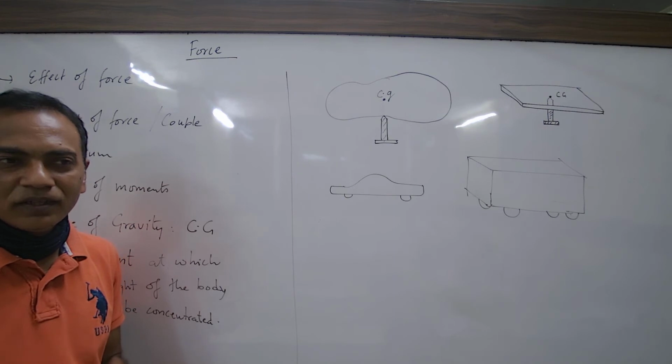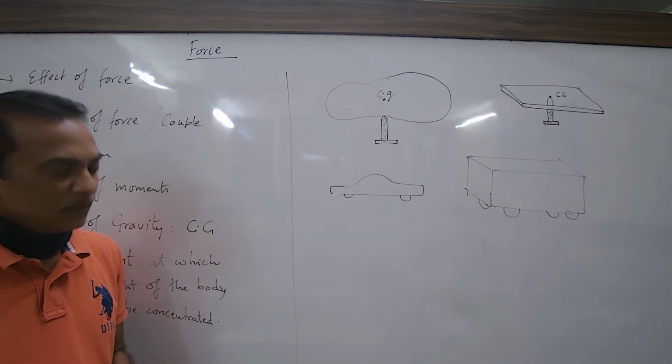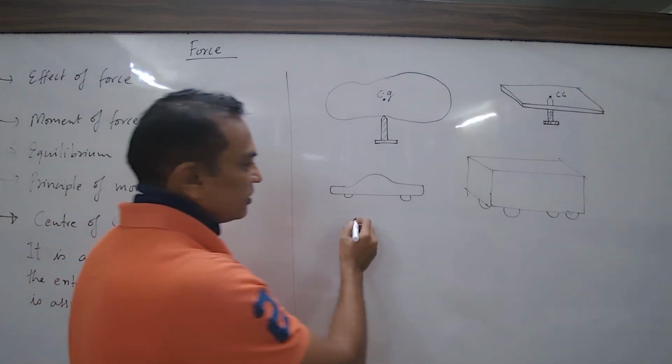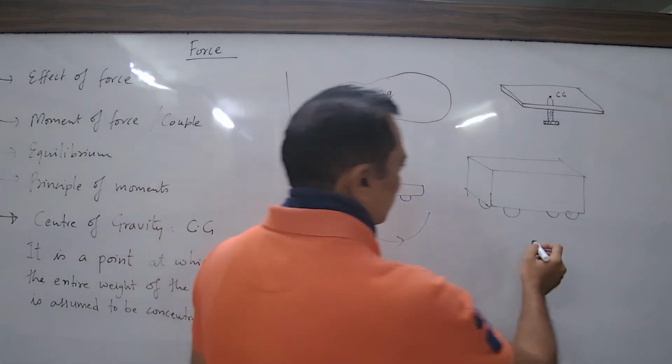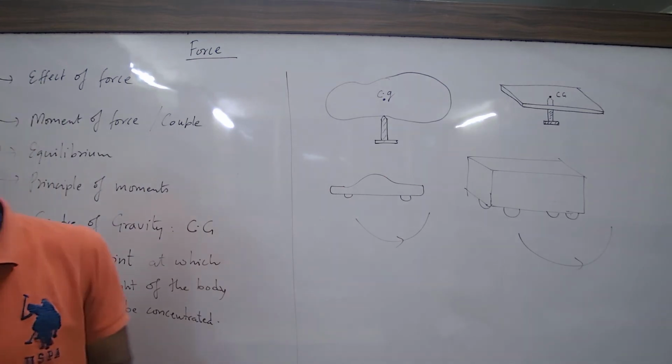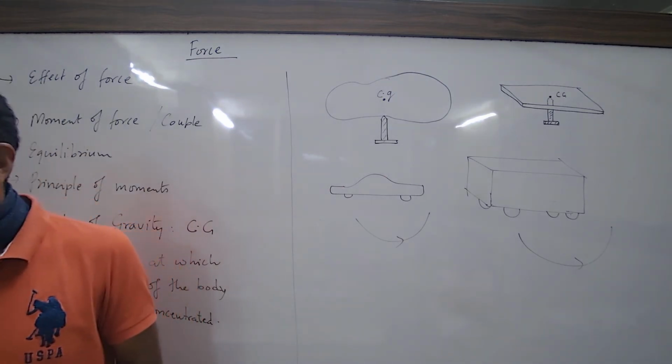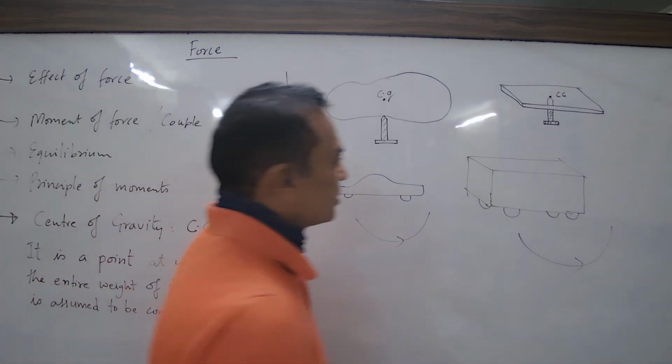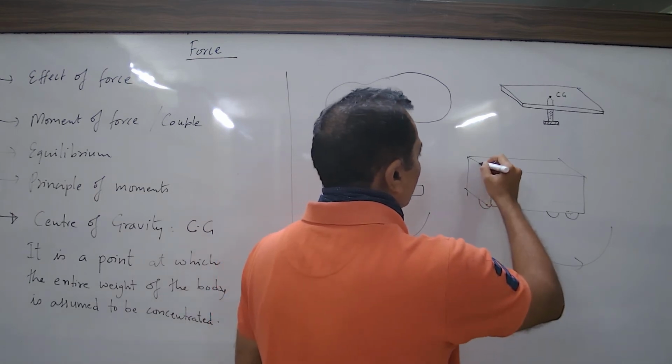Car. Why? Comfortable, right? And which can take a turn at a high speed, a bus or a car? What happens if the bus also tries to take a turn at a high speed? It will topple. So where would be the CG of the bus?